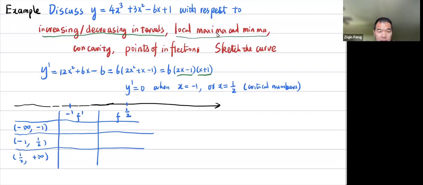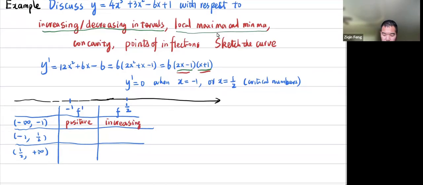So from negative infinity to -1, you can see that both factors are negative. You can try a number like -10, right? Both factors are negative, so the multiplication will be positive, which means our function f is increasing on the first interval.